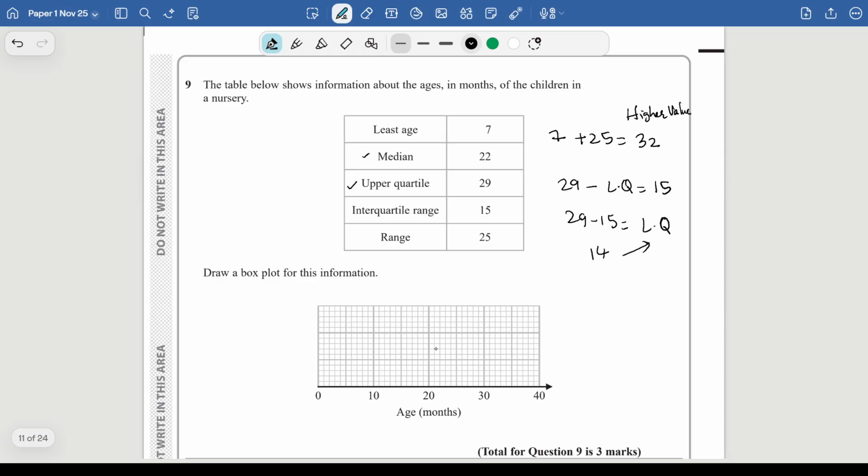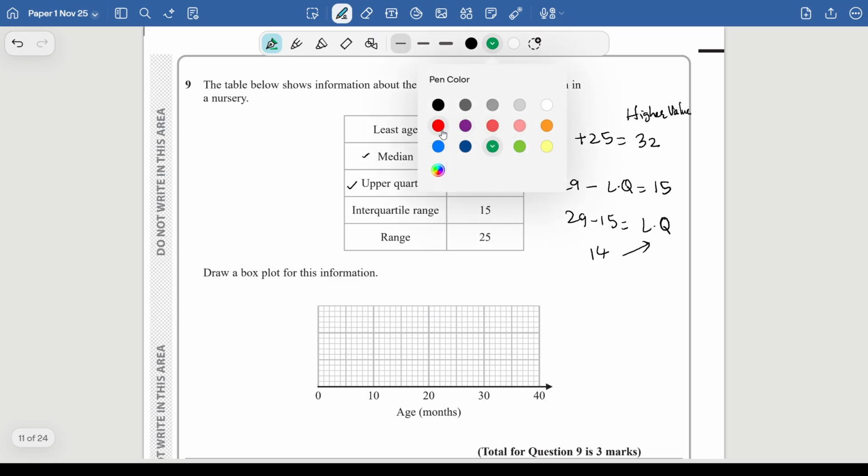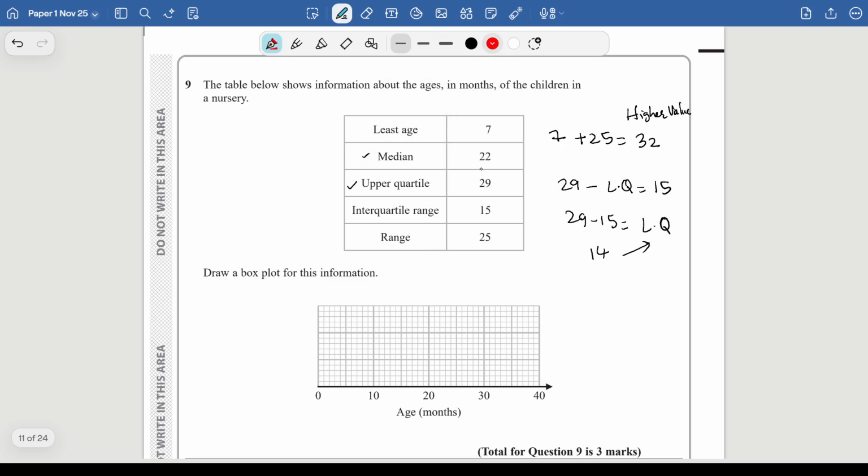So now we will plot these points here. I can use another color. Starting with the median, which is at 22. So here we have 21, 22. So 22 is somewhere here.